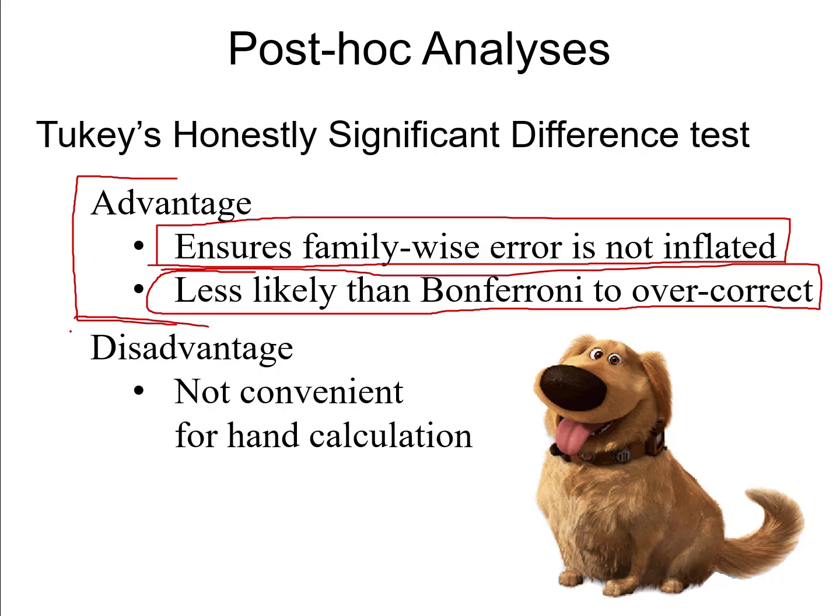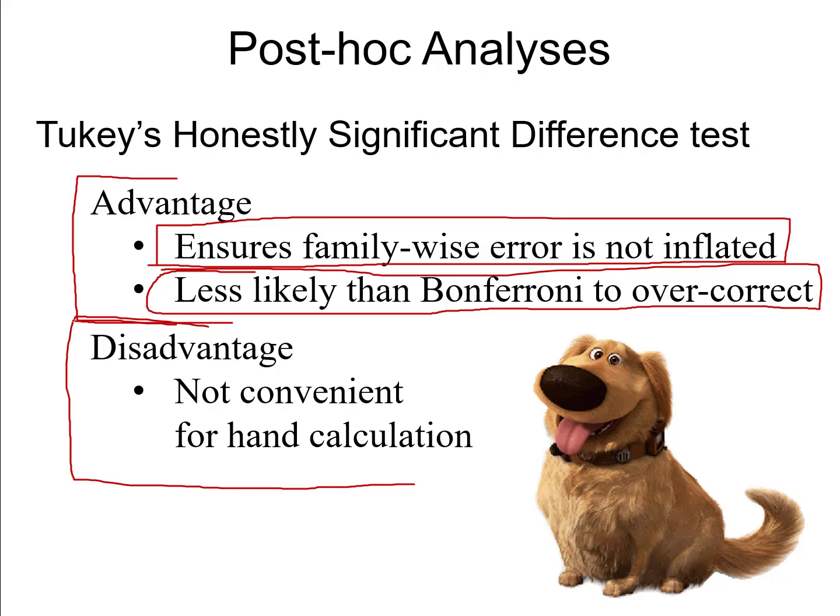One disadvantage is that it's not really convenient for hand calculation. To calculate a Tukey test, you would either need to have access to Tukey's tables, or more commonly what we do is use computer software programs to calculate significance values for us based on Tukey's tables. If we don't have access to that software, it's hard to calculate by hand. So if you're doing something by hand, a Bonferroni can be a very handy thing to do.